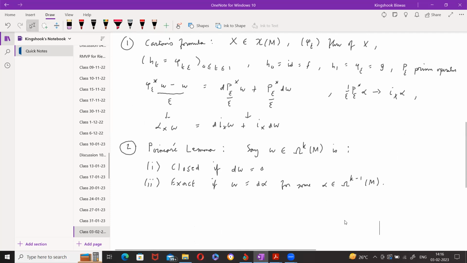And since d of d alpha, this we've already seen is 0, exact implies closed. Okay.